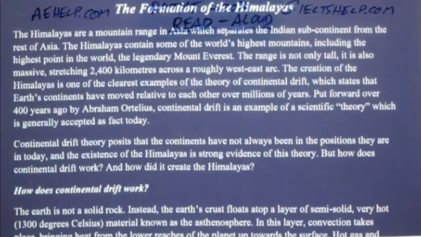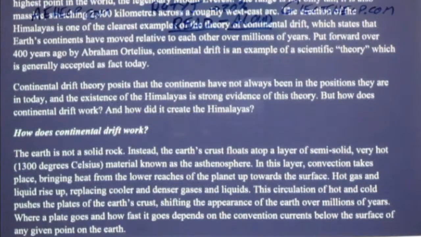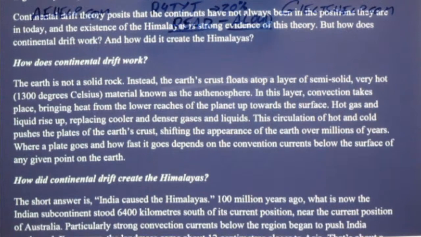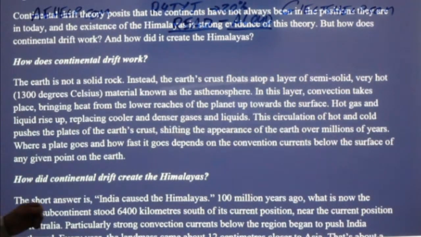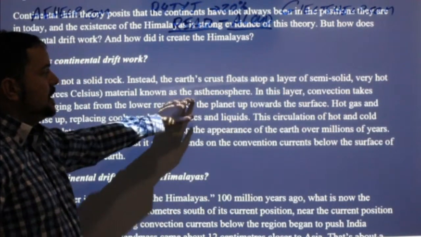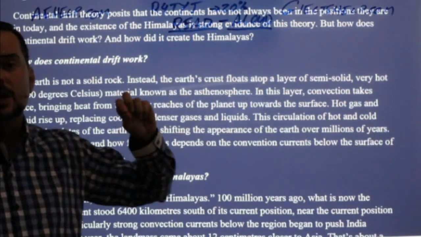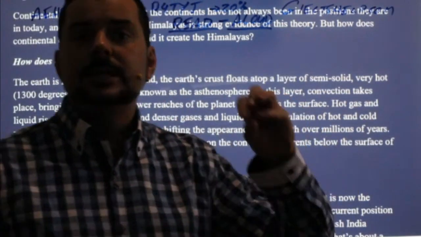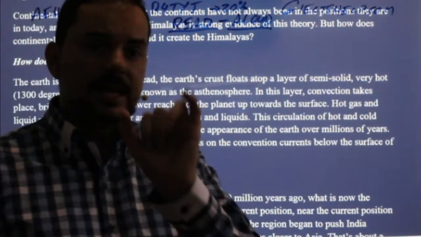So I'm looking for the asthenosphere. All right, so asthenosphere, there it is. And again, that fluency that I was showing you, that reading fluency will help train your eyes to catch words quickly.